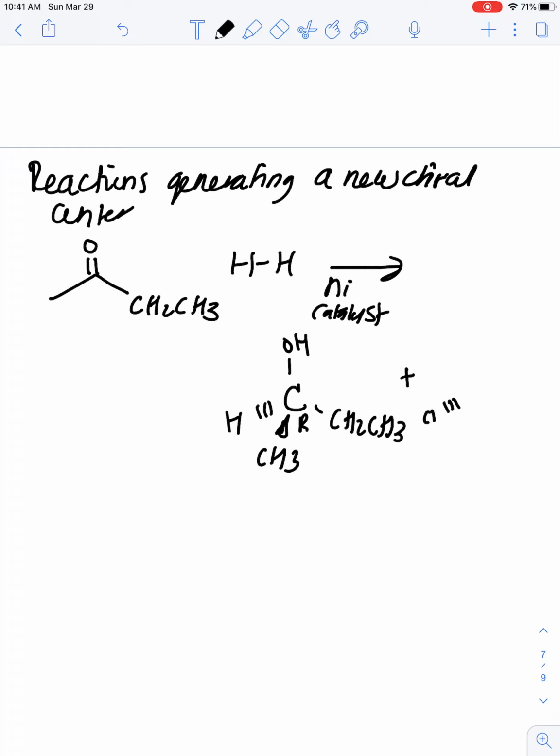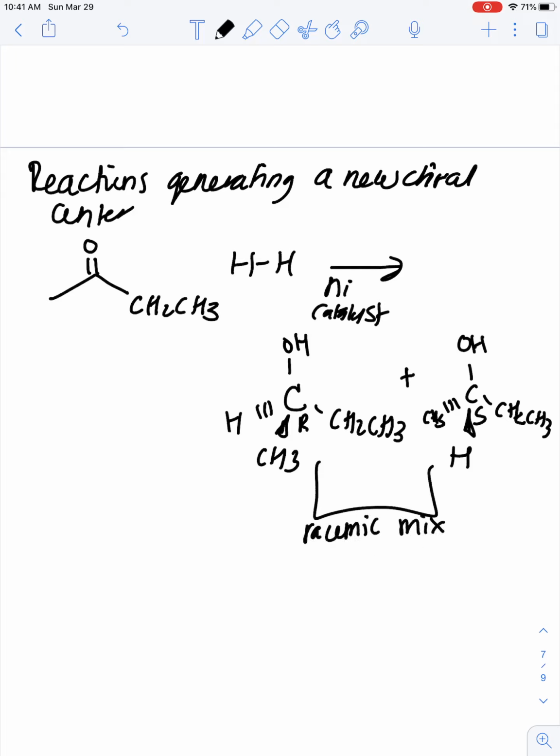Plus, we would have the S configuration, so its enantiomer. Again, both of these products would be a racemic mixture, not allowing us to see the optical activity of this solution.